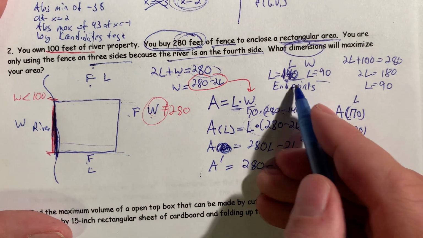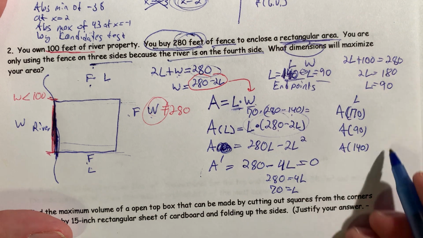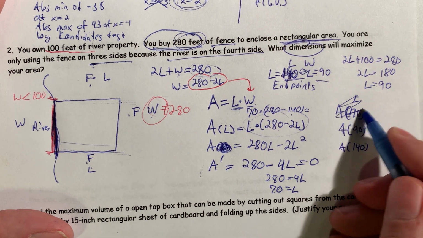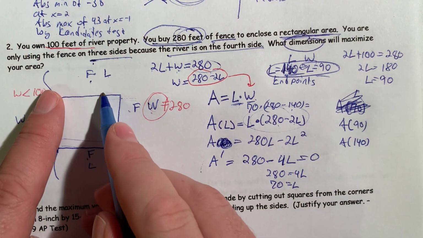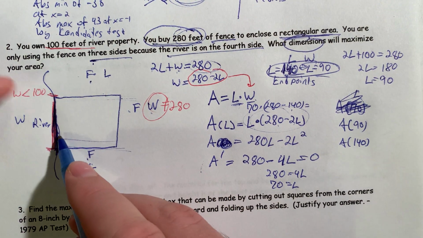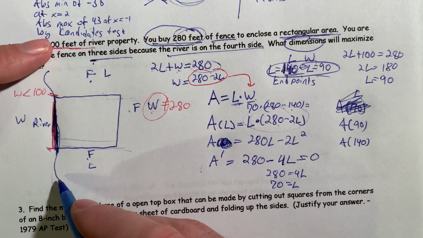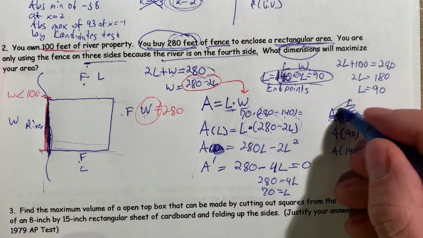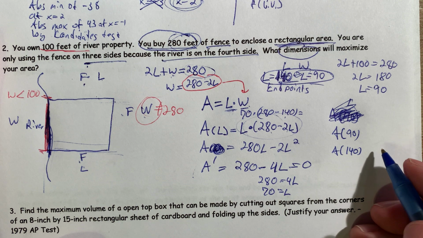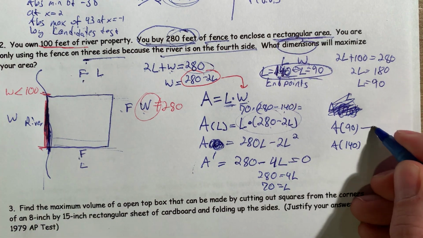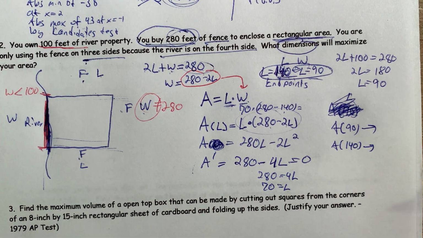This critical value is outside of this. This critical value would have been the maximum, but it is outside of our possible values. We can't have a length of 70 because then the width isn't able to be 140. So this one is out. It's a critical value, but we can't check it because it's not within our endpoints. So the answer is going to be either this one or this one.